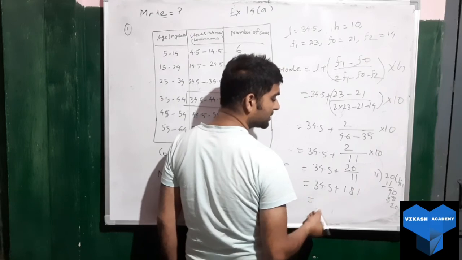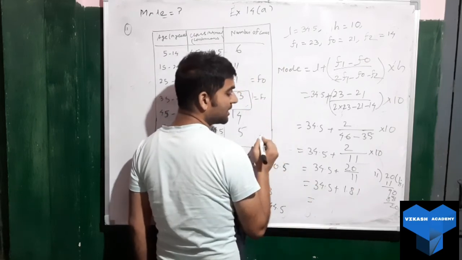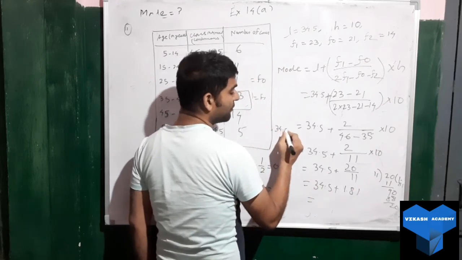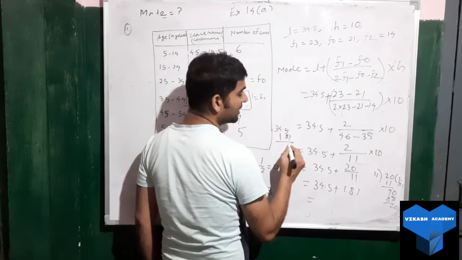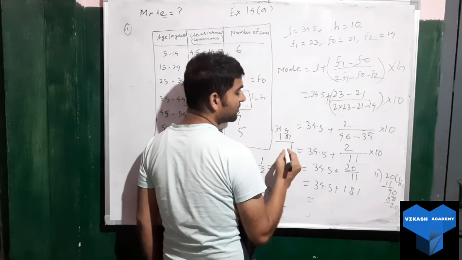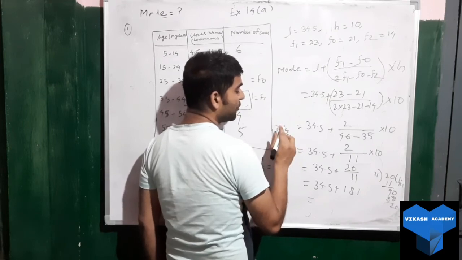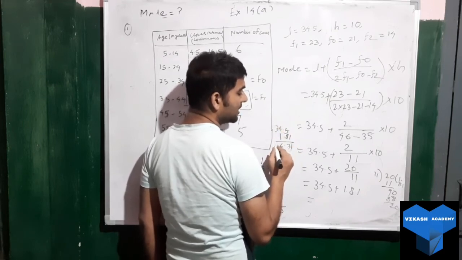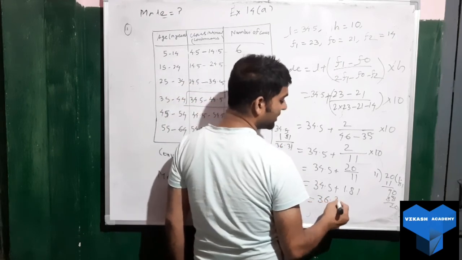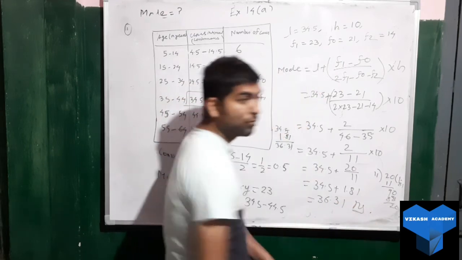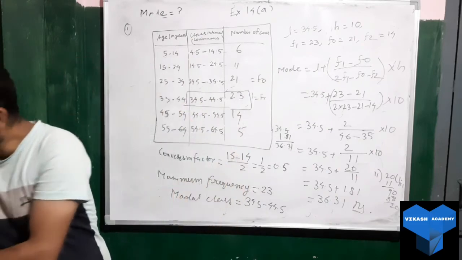If you add, how much will you get? 34.5 plus 1.8188, we are getting 36.31. That is our answer for question number 11.